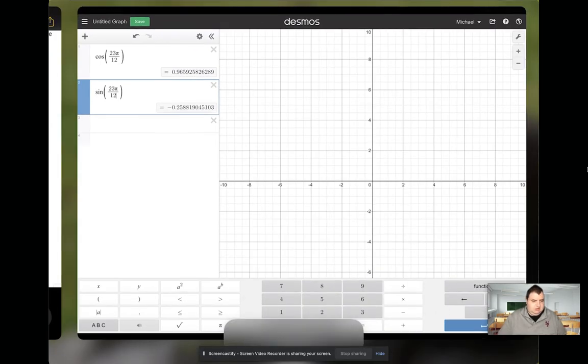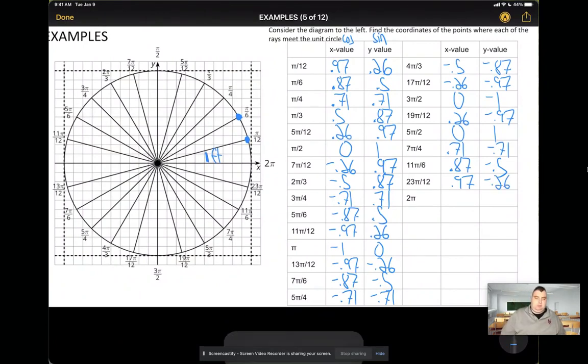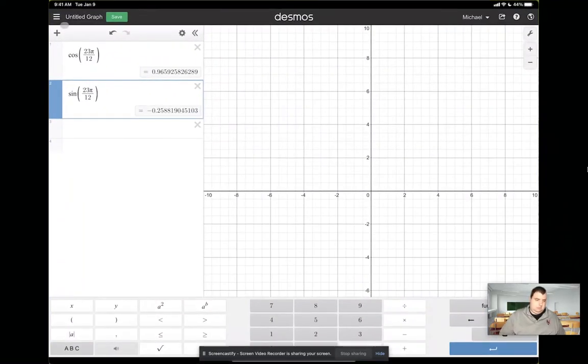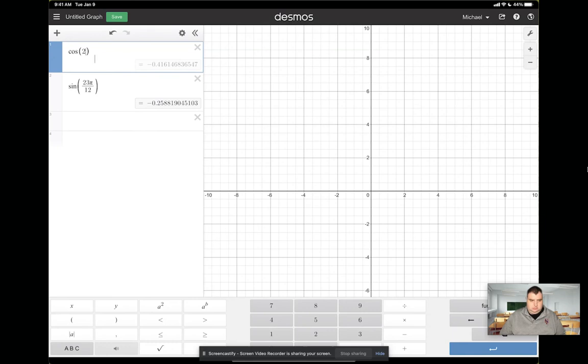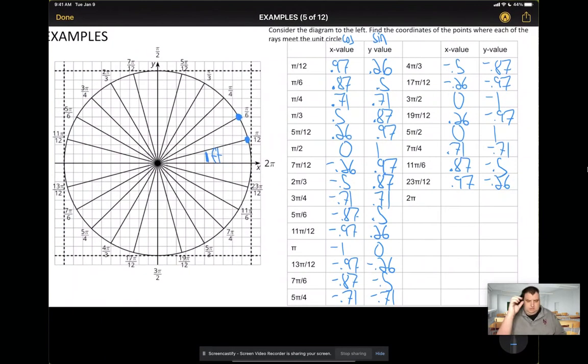So 0.97 and negative 0.26. And 2 pi. 1 and 0.